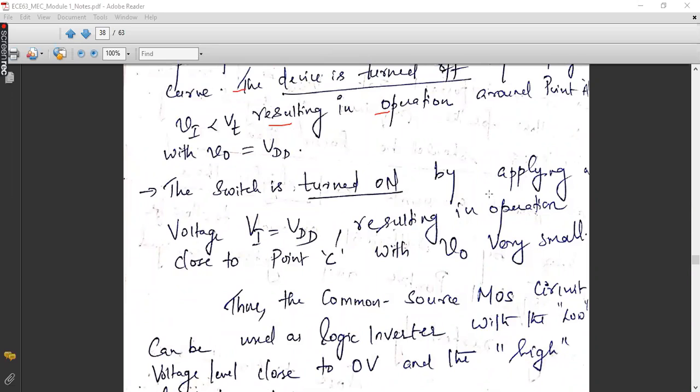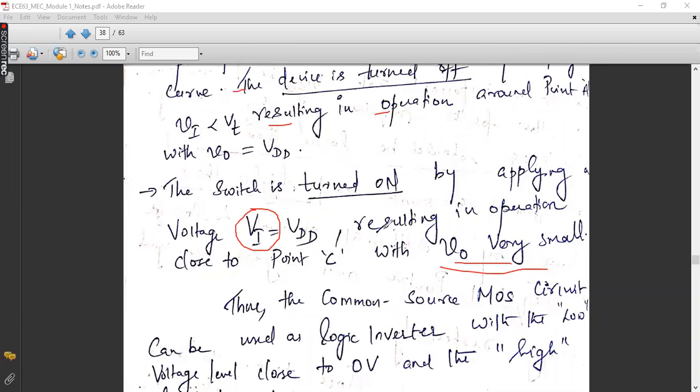The switch is turned on after applying a supply voltage Vi equal to VDD. Whenever you are giving an input voltage, that is your gate voltage, Vi is nothing but your gate, right? As per the circuit diagram I showed yesterday, Vi is your input voltage which you have applied towards the gate terminal. So whenever you are giving a Vi equal to VDD, your MOSFET will get turned on, there is a high current flow through the MOSFET, and correspondingly V naught will be very small.